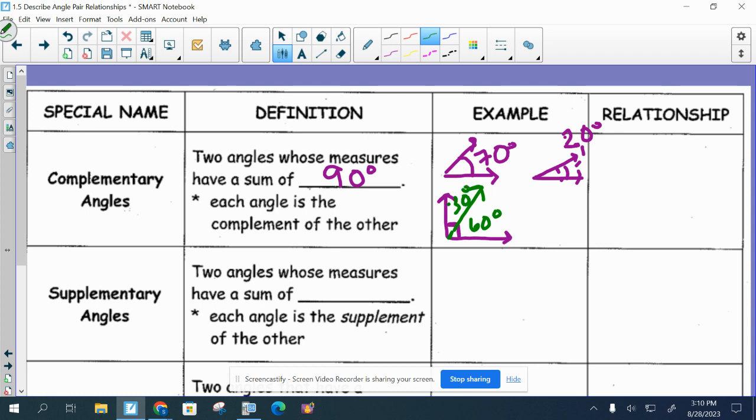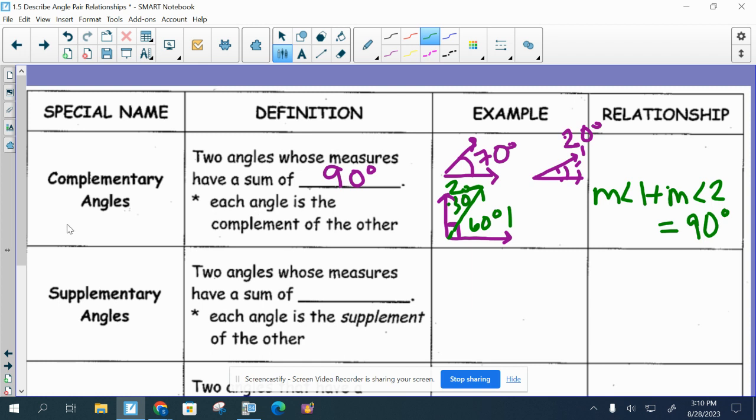Then you would call those two angles, the 60-degree angle and the 30-degree angle, complementary. And the relationship is, let's call this angle 1 and this angle 2, the measure of angle 1 plus the measure of angle 2 equals 90 degrees.